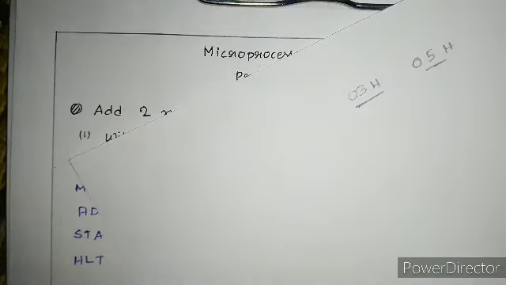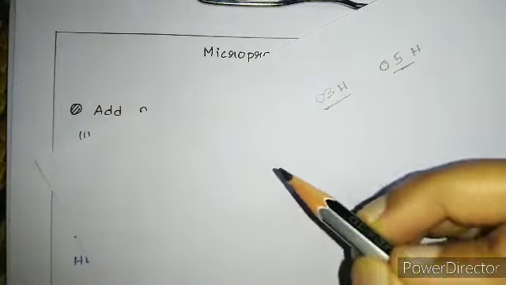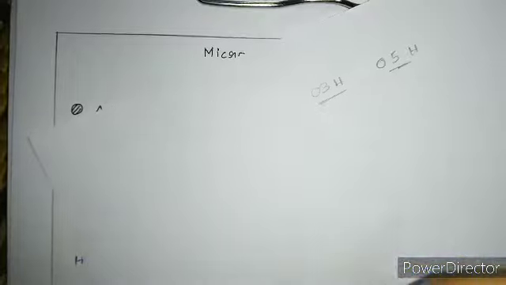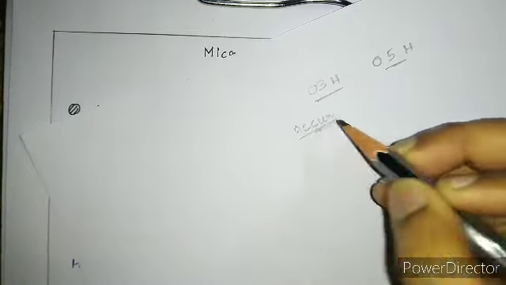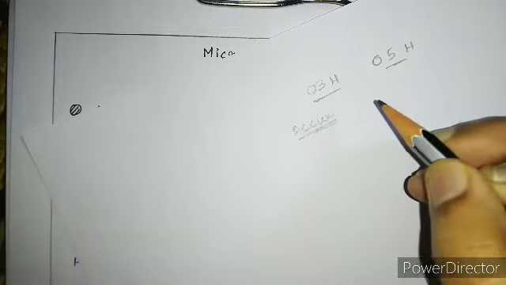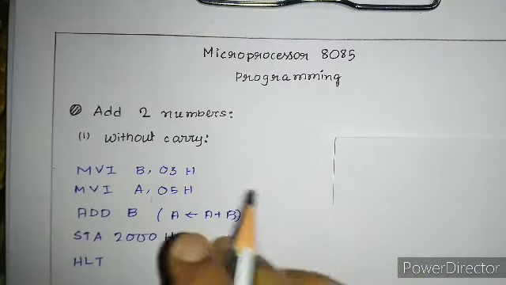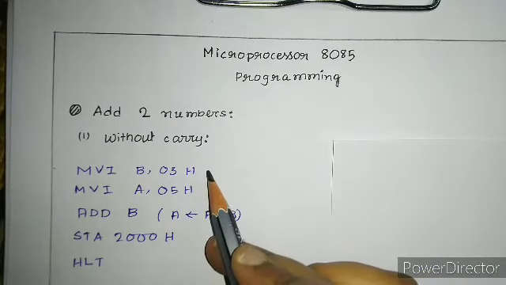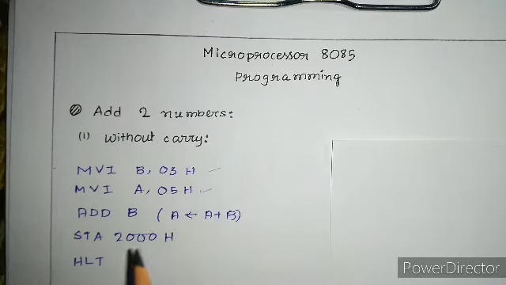So if you want to add two numbers, one number must be stored at accumulator, ACC, and the other number you can store in another register. Okay, so I have taken one number in B, so another number is in A, MVI A, 05H. This is immediate addressing mode, right?